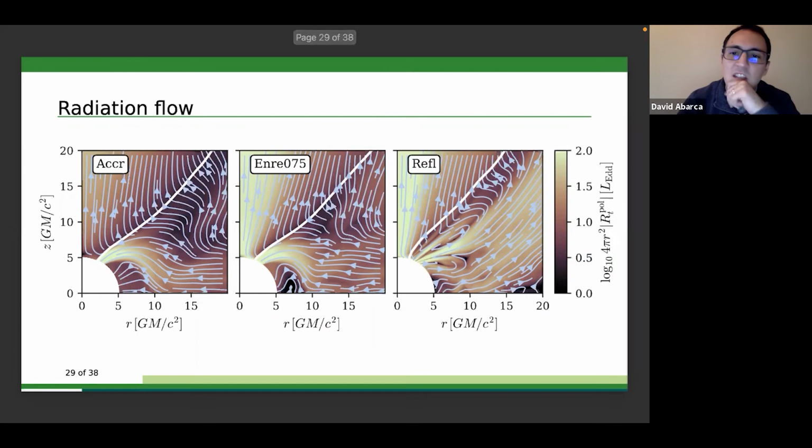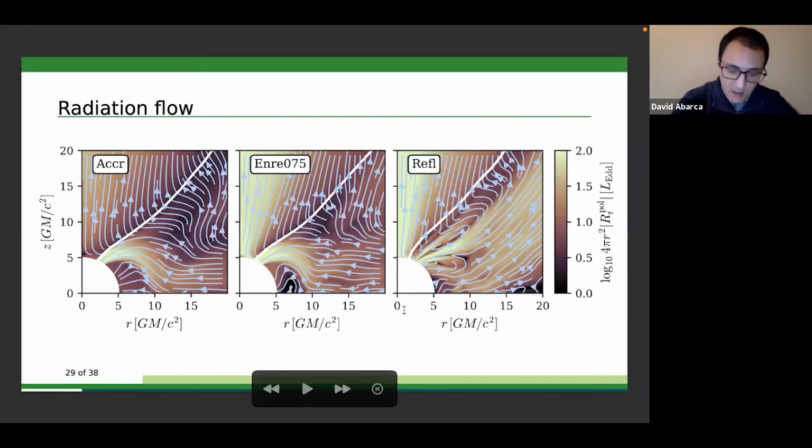One thing I wanted to say is that in M1, radiation is treated like a fluid. So radiation leaves the accretion column tangentially, but then it hits the interpolar boundary and is deflected up.